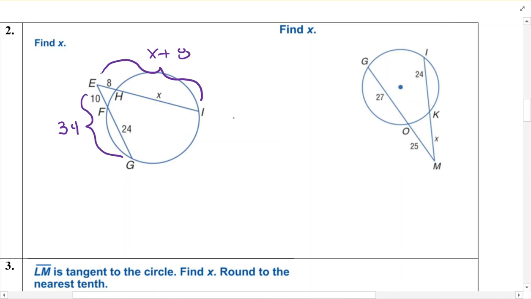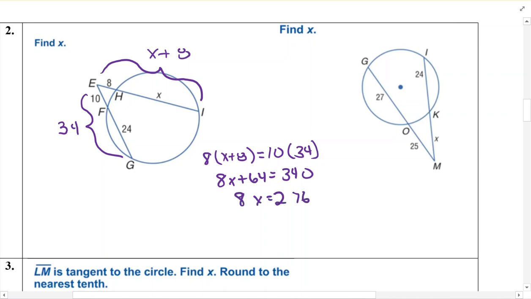So we take the portion outside and multiply it by the whole length, equals the portion outside multiplied by the whole length. So we have 8x plus 64 equals 340. So 8x would equal 276, and x equals 34.5.